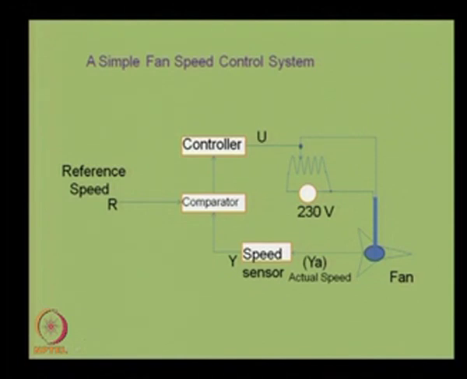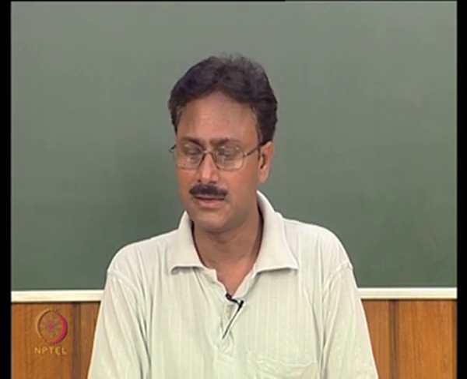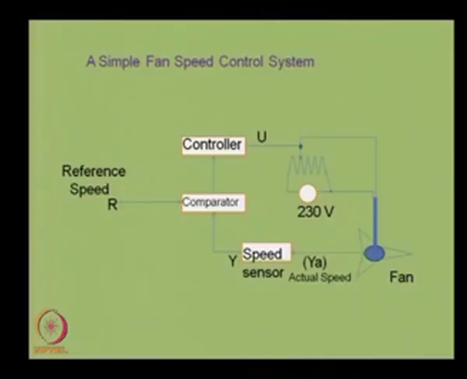Suppose I wish to have 1500 RPM from the fan. For that, what does one have to do? One needs to put a controller in the loop and first sense the speed of the fan with the help of a speed sensor. The output of the speed sensor is known as Y, the measured speed, which is compared with the reference speed, often known as the desired output, and the difference is fed to a controller.